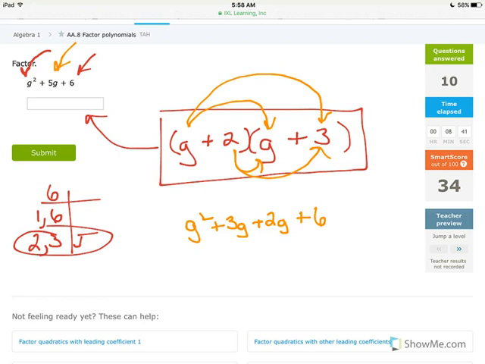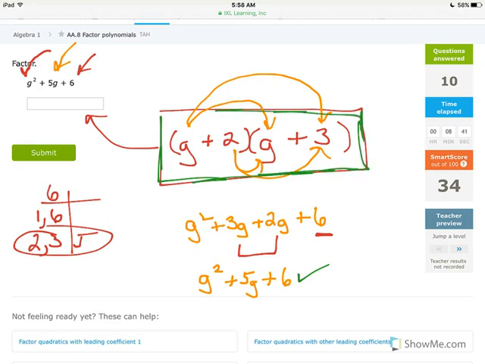So this is why we're looking for factors of 6 that at the same time have to add up to be 5 in the middle. Because if you simplify this, you get your g squared plus 5g in the middle plus 6 on the end. So that checks out. So this would be the answer right here, your two factors that go into the answer box.